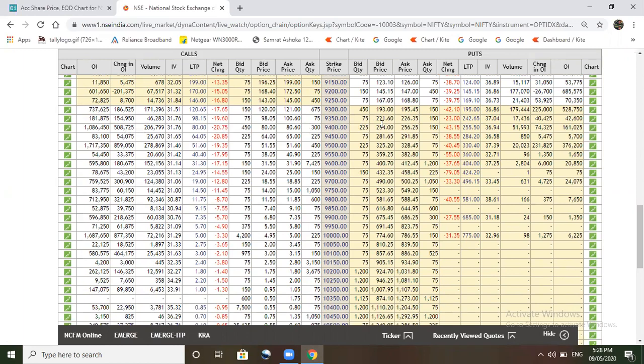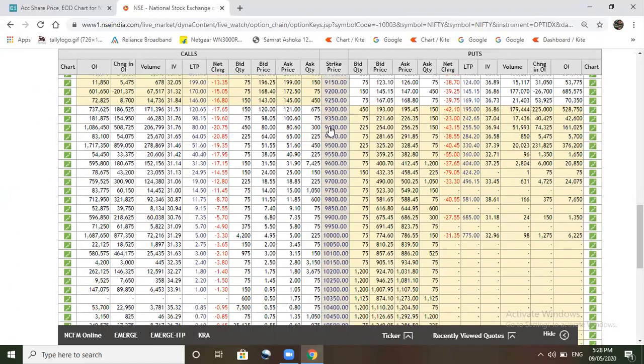And if you compare the same strike price on put side, OI also got added, and the price of the Nifty is going down. So price is going down and OI is also increasing, meaning long build-up is there. Means they are buying the put.